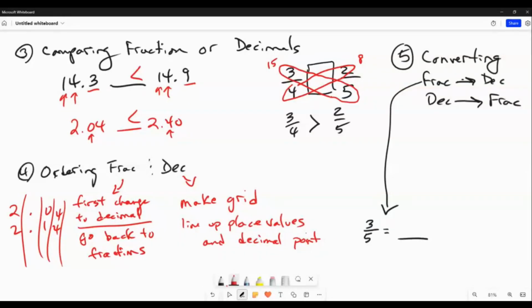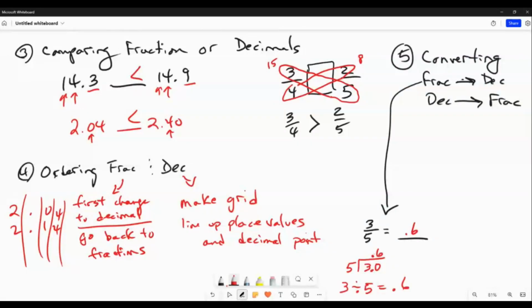Then if you're going to do it by hand, you take the number on the bottom and you divide it into the number on the top. And this one's fairly easy. So 5 does not go into 3, but we can put a decimal point and a 0. 5 will go into 36 times. So this is 0.6 if you're doing it by hand. If you're using a calculator, you punch the keys 3, then the divided by key, then the 5 key, and then the equal key, and it gives you the answer.